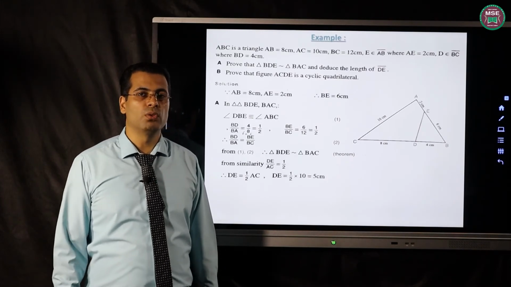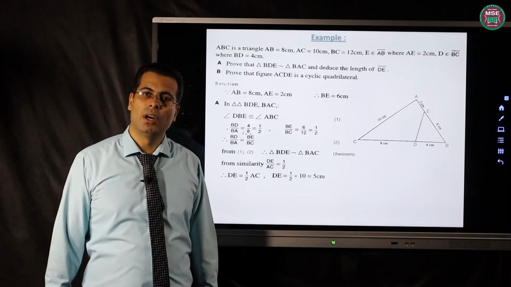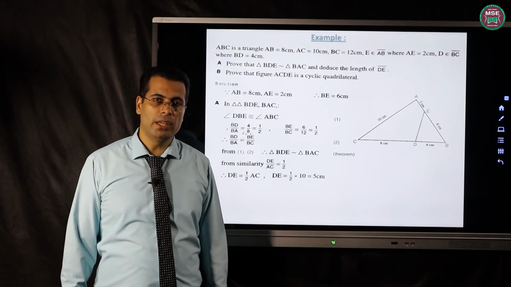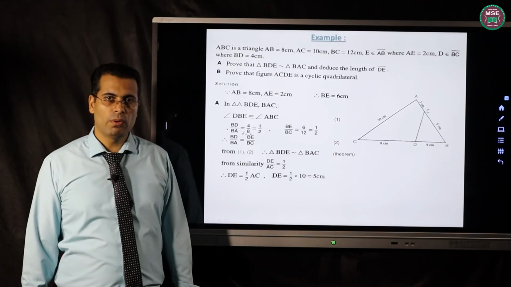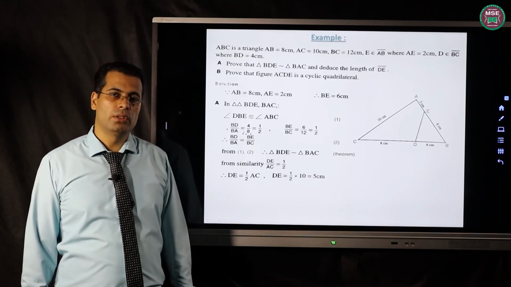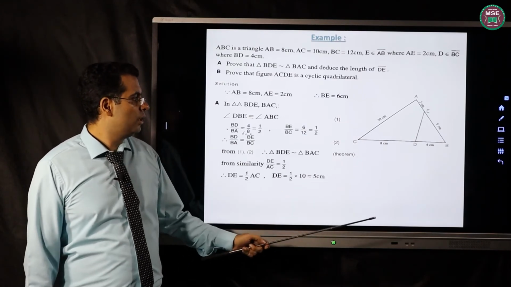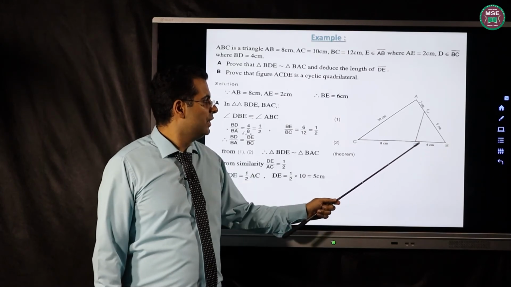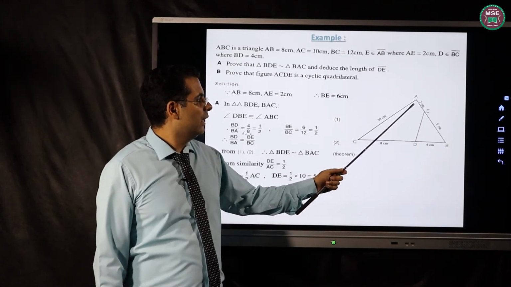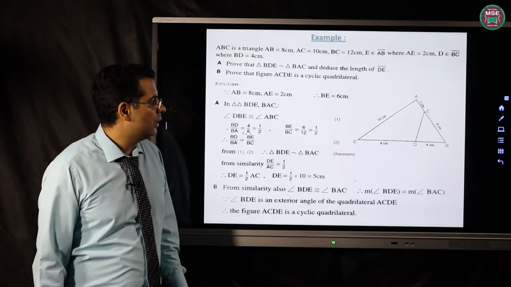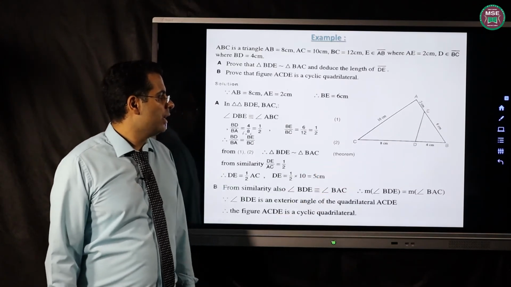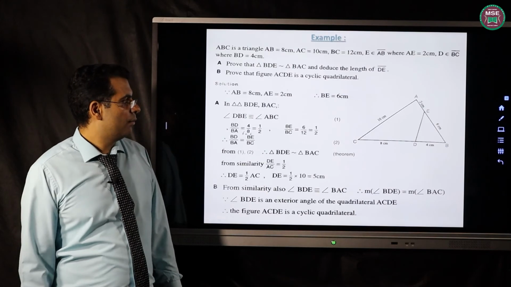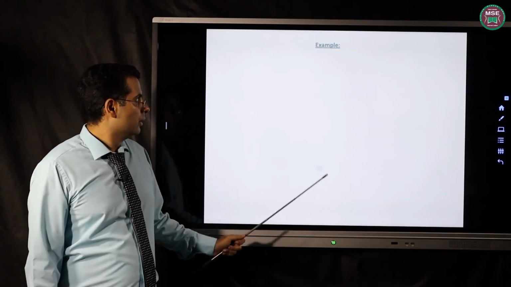First, if the two angles drawn on the same side are equal, or the opposite angles are supplementary, or the exterior angle at a vertex equals the interior angle opposite to it. From similarity, we can prove that the measure of angle BDE equals the measure of angle A, and BDE is an exterior angle of the quadrilateral AEDC, therefore the figure is a cyclic quad.